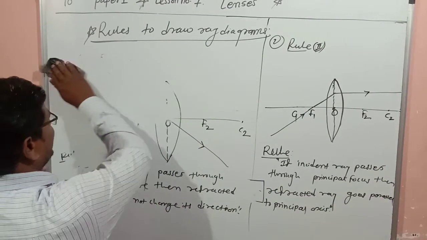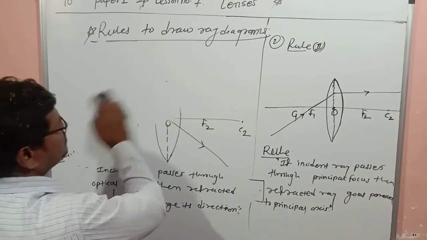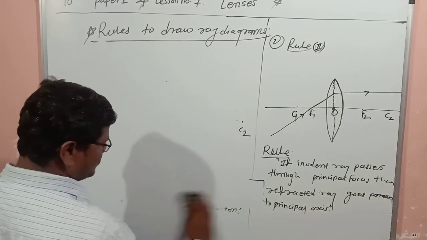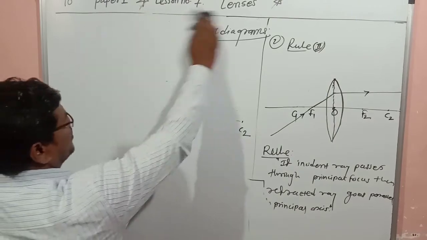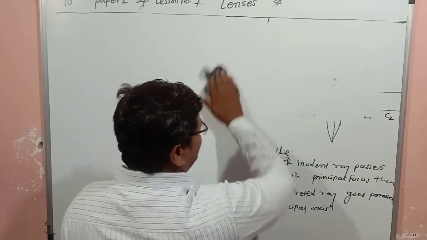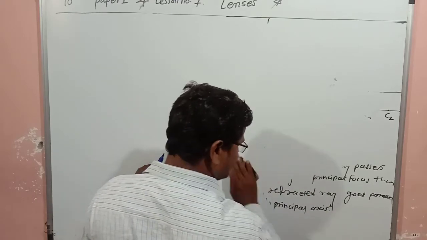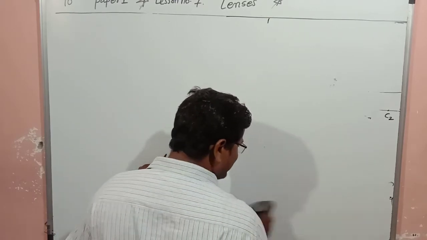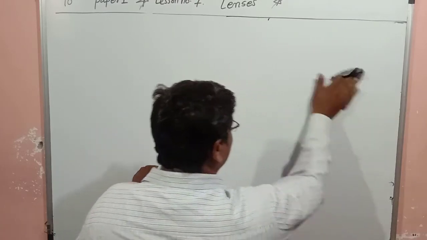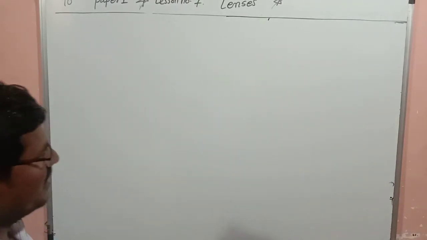So what is the Try This activity? We'll see what it is. You have to conduct that activity with the help of a screen, a lens, and a burning candle.